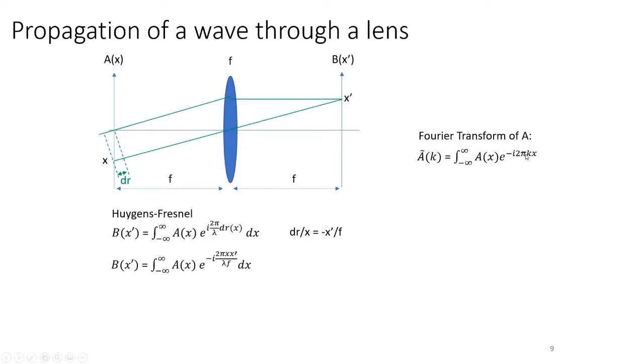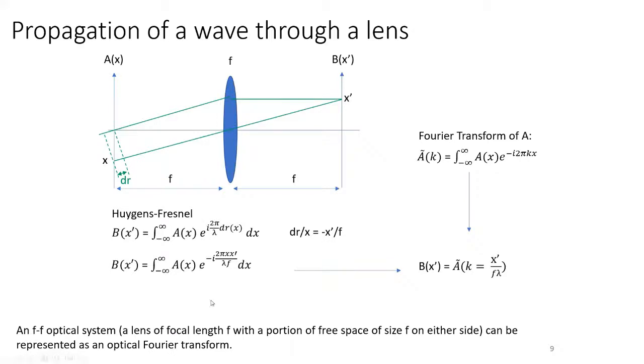If you map the k quantity to the properties you have here, you will find that the field you see in B is nothing but the Fourier transform of the field in A with a scaling factor, where the spatial frequency coefficient k would be X prime over F lambda. So in short, an optical system made of a single lens in the FF configuration will operate a Fourier transform on your complex field. We have also implemented that.